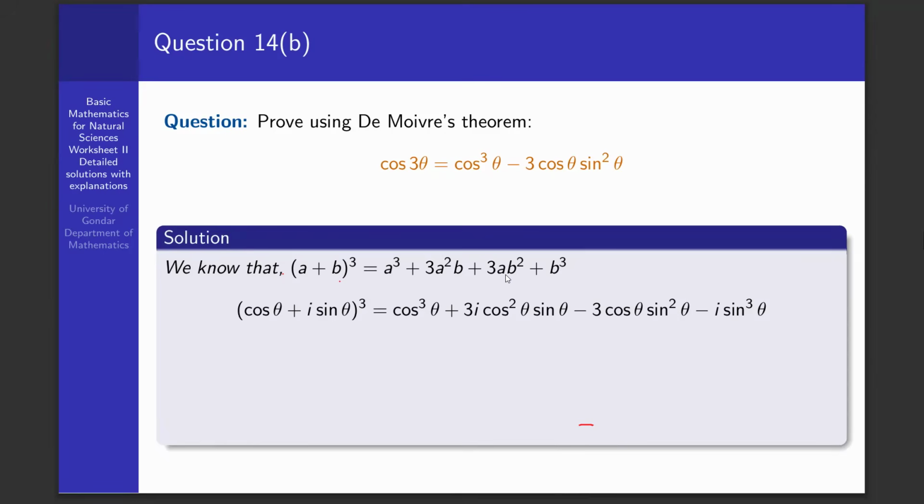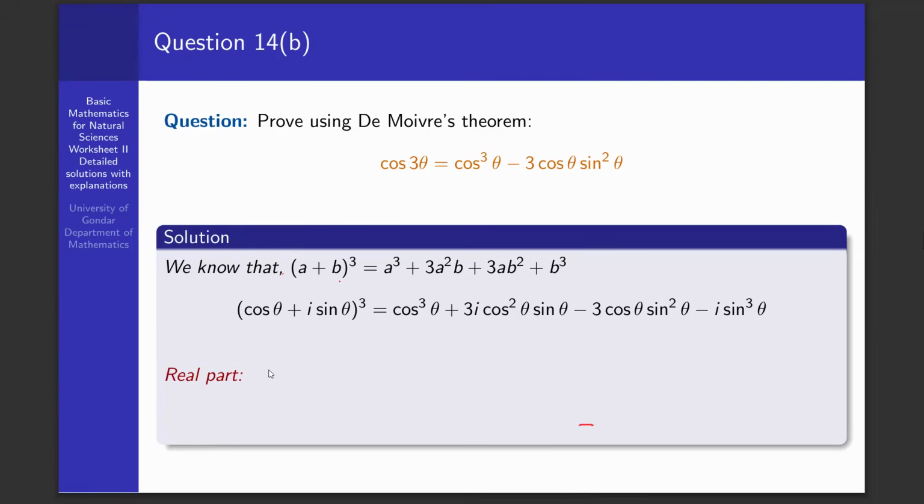Because 3ab squared: a is cos theta, and b squared is the square of i sin theta; the square of i is minus 1 and sin theta squared is sin squared theta, so that gives minus 3 cos theta sin squared theta. Then minus i sin cubed theta, because the cube of i is minus i and the cube of sin theta is sin cubed theta. Therefore we have cos cubed theta plus 3i cos squared theta sin theta minus 3 cos theta sin squared theta minus i sin cubed theta.